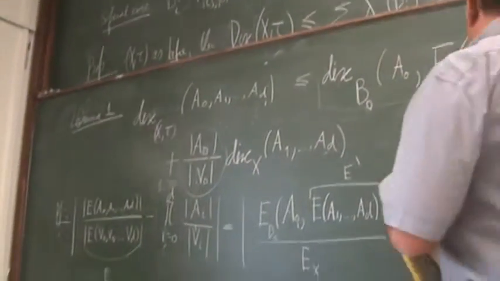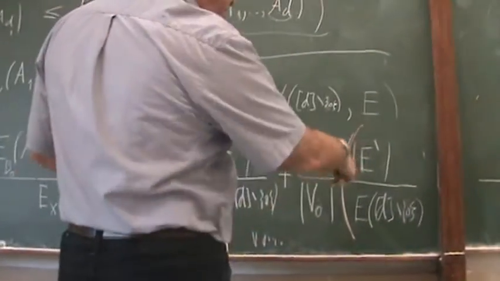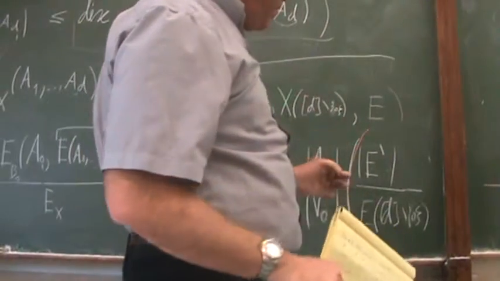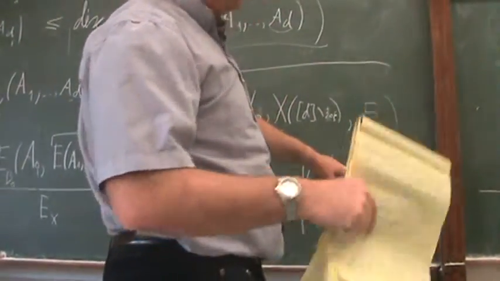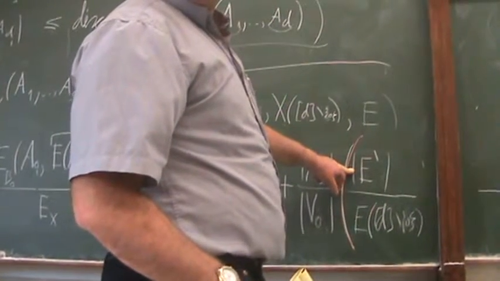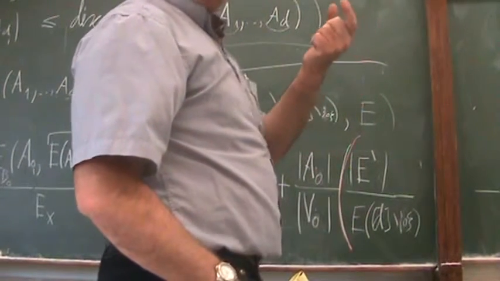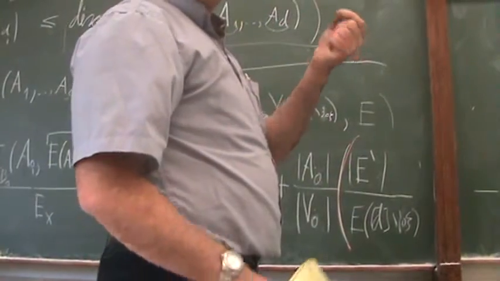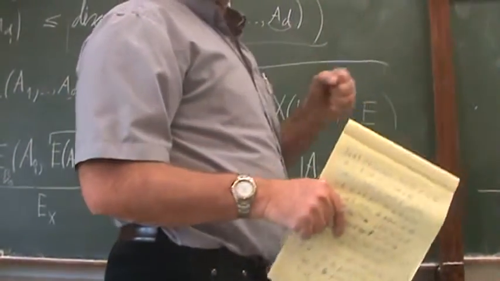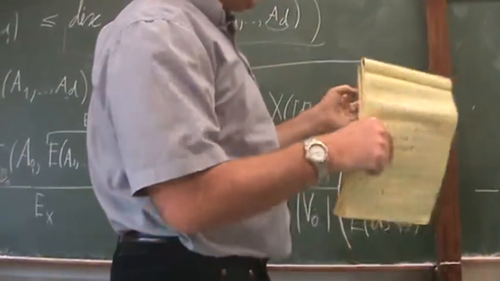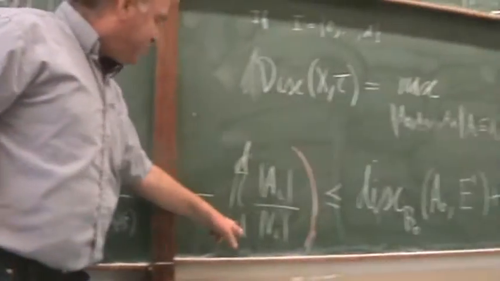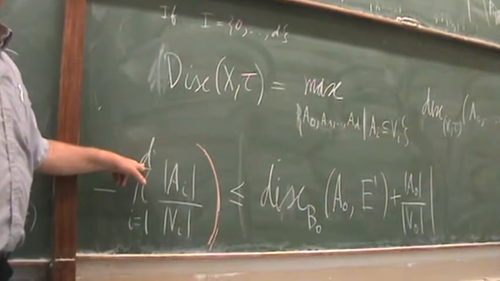Now I claim that what is written here inside the brackets is exactly the definition of the discrepancy of A1 up to AD without A0. We define the discrepancy by taking a subset of types, and this time the subset is only the colors from 1 to D, without the 0 color.